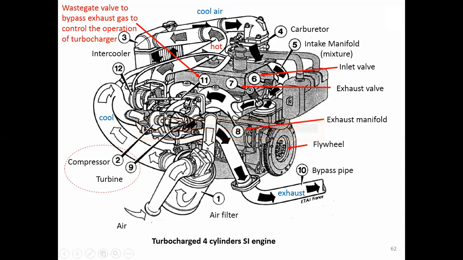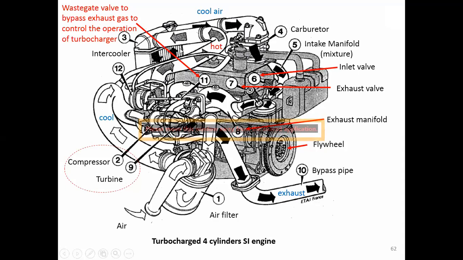The exhaust gas flows to drive the turbine, and then it drives the compressor, which compresses the fresh air that flows in from the air filter. So this will increase the pressure of the fresh air. The pressure of the air after the compressor will be higher, which makes it easier to flow into the carburetor.